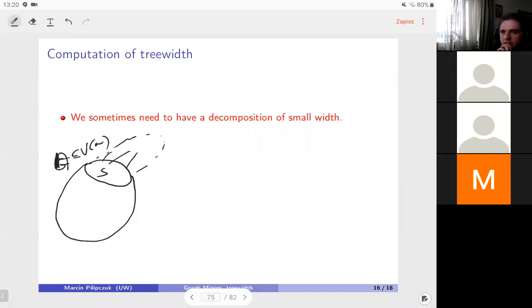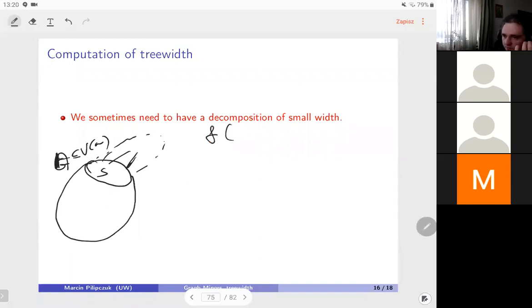So what I want is for S to be the separator, and remember that a separator was contained in one bag of the tree decomposition.